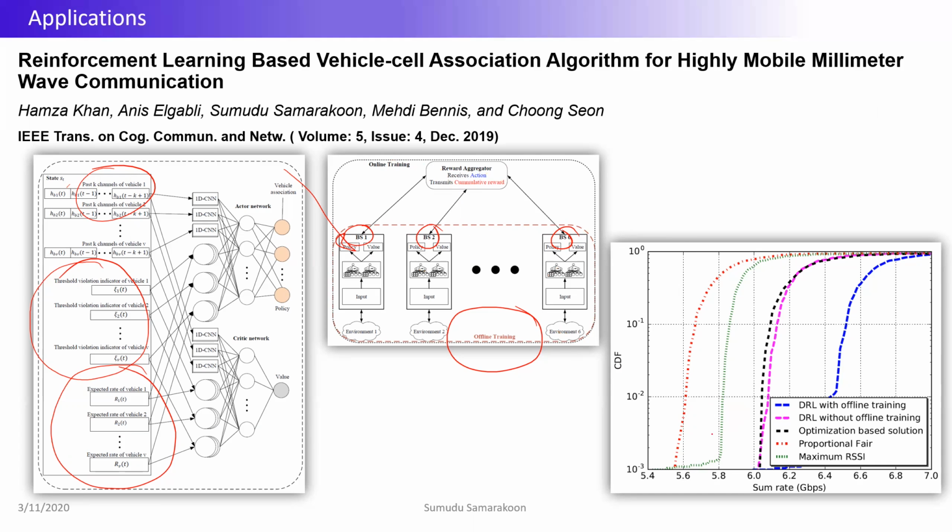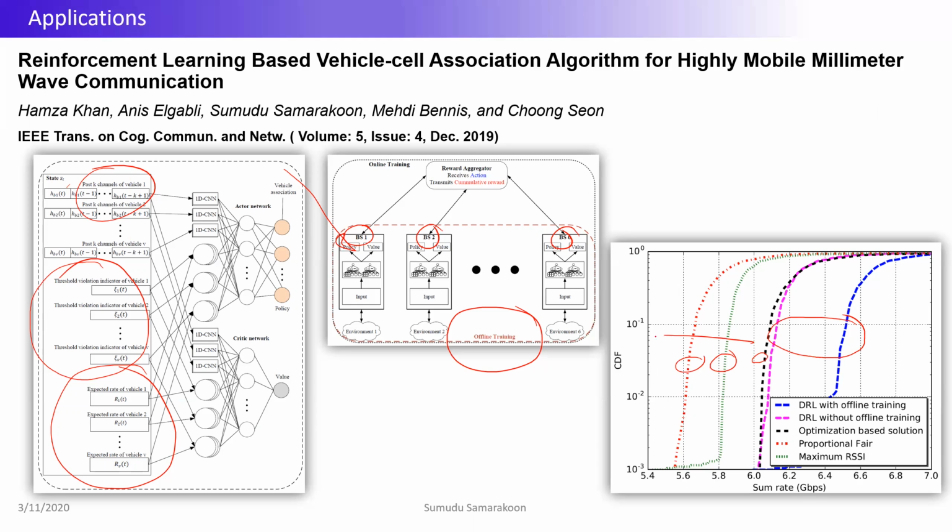One example of the results: this deep reinforcement learning technique, with and without offline training, offers the highest data rates for the users, while proportional fair, or the allocation based on maximum channel, and the approach without reinforcement learning try to solve an optimization problem at each time interval.